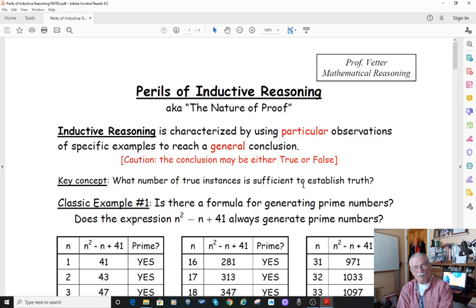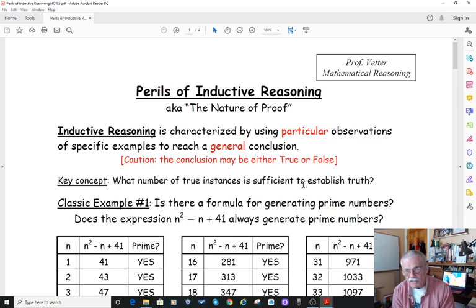So you find a whole bunch of cases where a proposition is true, and you say, well, gee, I hope and wonder if the general conclusion is true. That's inductive reasoning. Most of the time, what you learn in high school geometry is deductive reasoning. You start from a bunch of general ideas and you apply them to a particular instance. So we're going from general to particular. This is going the other way.